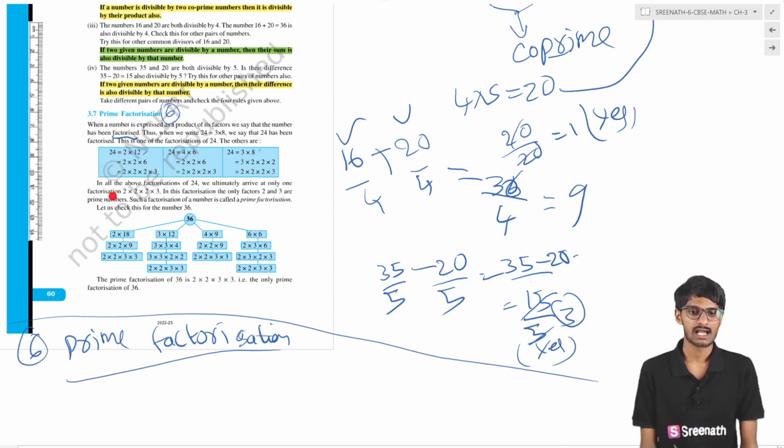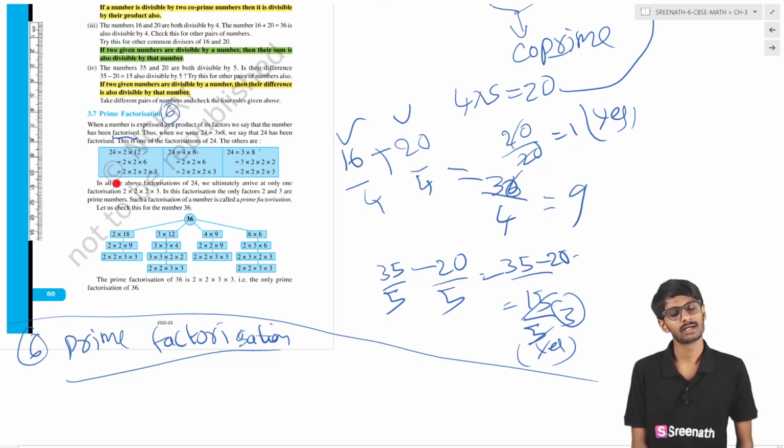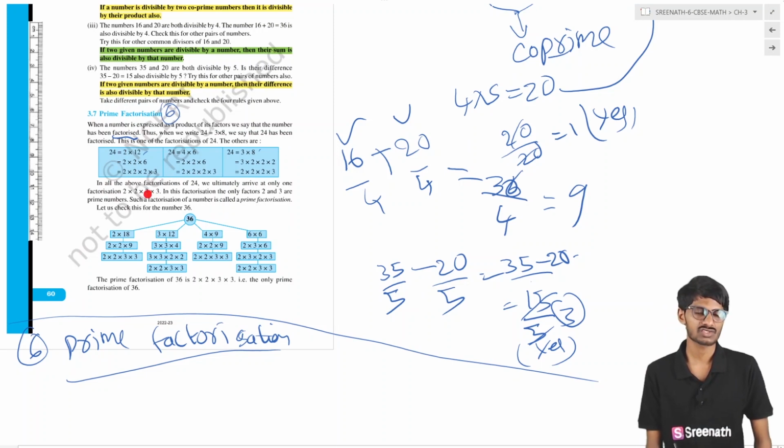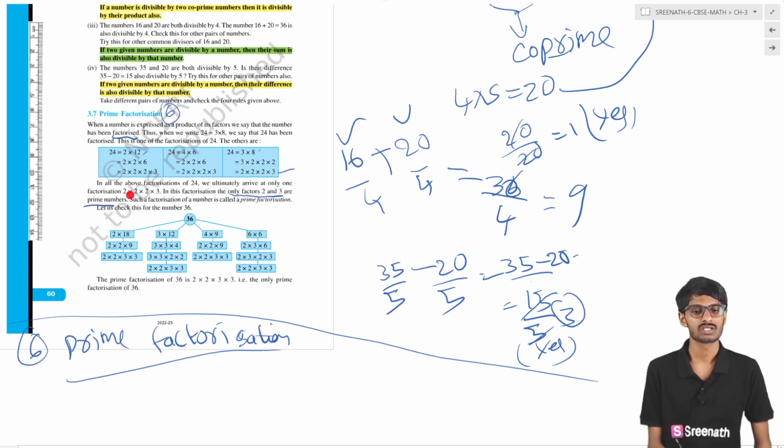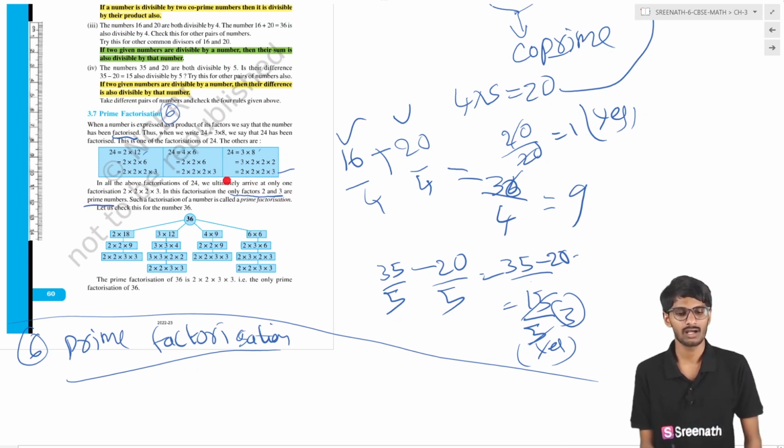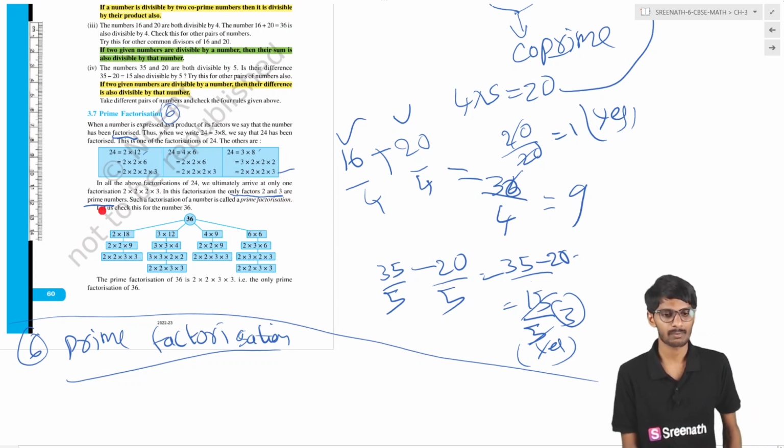Okay, students. And finally, if you write all the factors of it, you will see all the factors are the same in all the different ways. What are the only factors? The only factors are 2 and 3. And 2 and 3 are prime numbers.